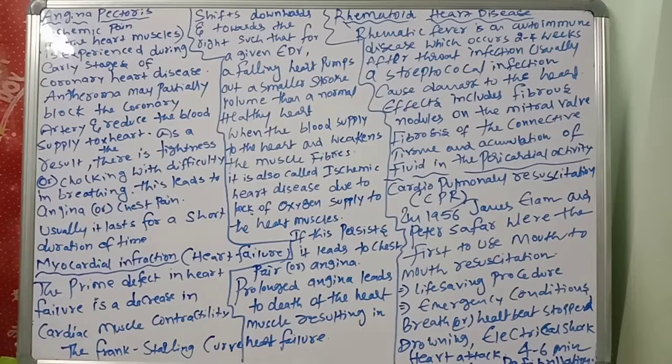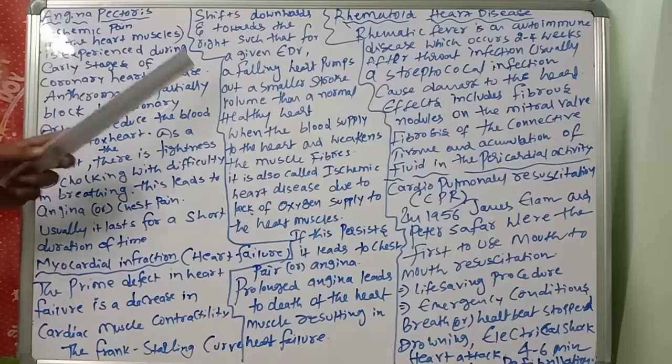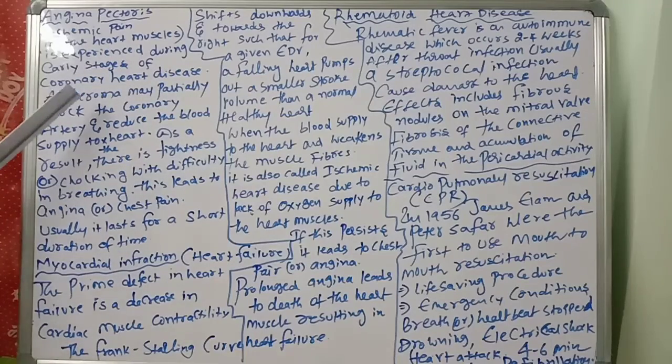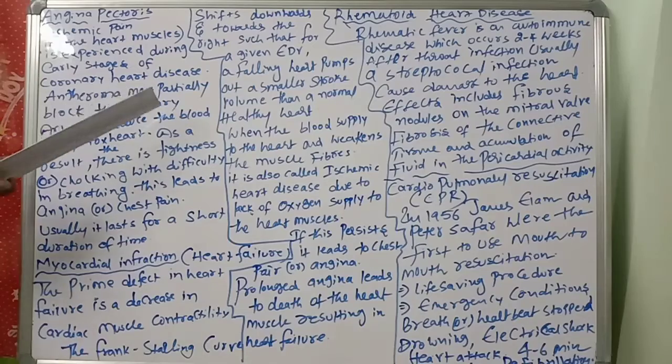Listen and observe carefully. It's ischemic pain, severe pain in the heart muscles experienced during the early stage of coronary heart disease. What is the meaning of atheroma? It's fat and cholesterol blocked in the arteries, mainly partially blocking the coronary artery.